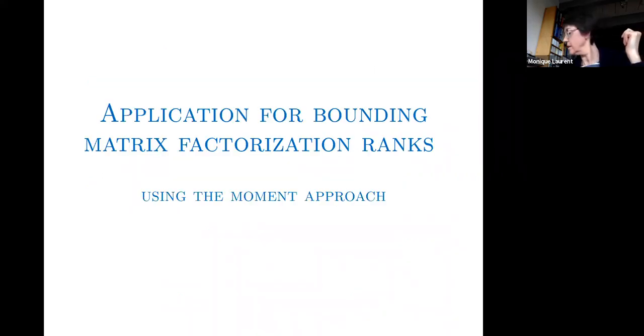In the last 5 minutes, if I may, I would like to illustrate the moment approach, how to use it to attack the question of giving bounds for matrix factorization ranks. It looks a priori not really an instance of polynomial optimization, but actually it can also be tackled using this kind of method.